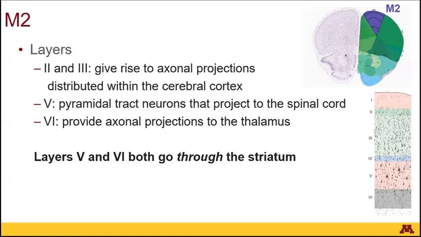So it's not going to be them. But layers 5 and 6 do project through the dorsal medial striatum. Both of these layers have projections that go elsewhere, but I am strictly talking about the fibers that pass through the dorsal medial striatum. So layer 5 fibers go to the spinal cord as part of the pyramidal tract, and layer 6 fibers go to the thalamus.